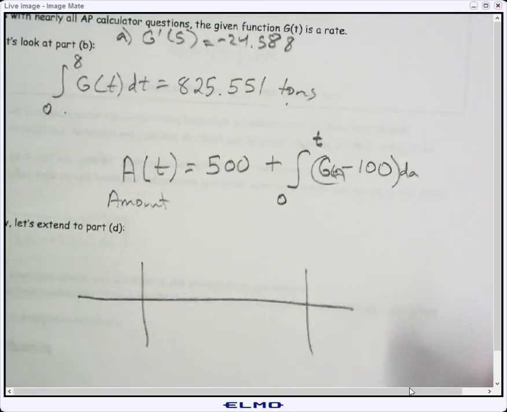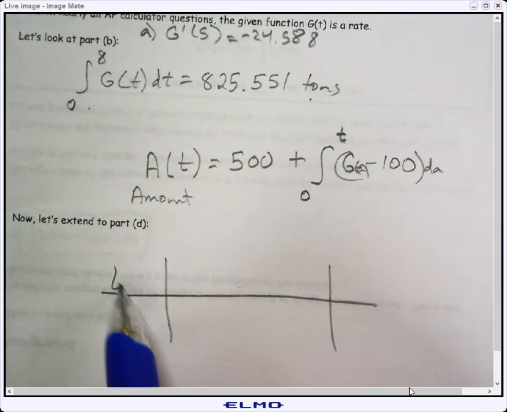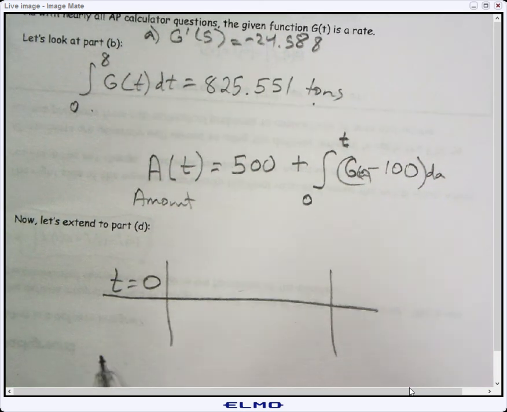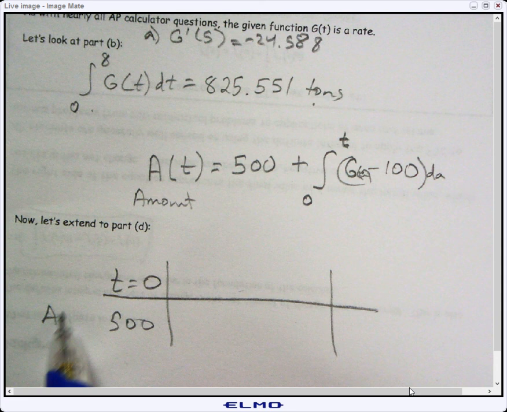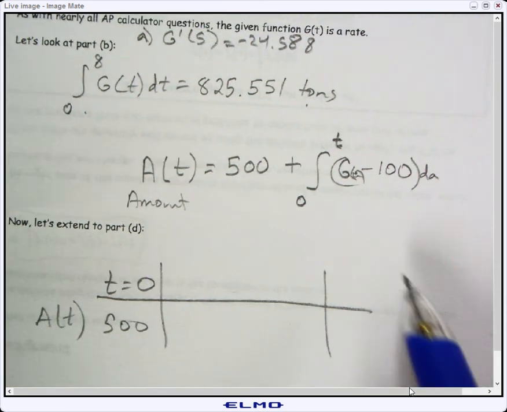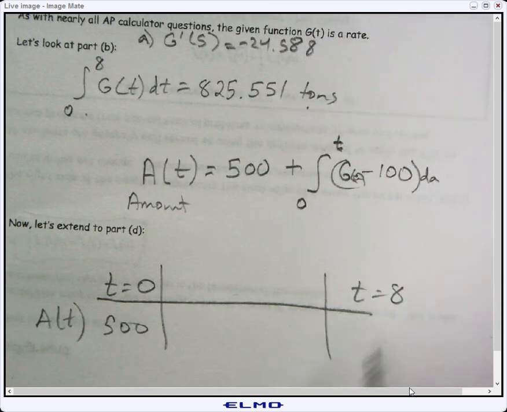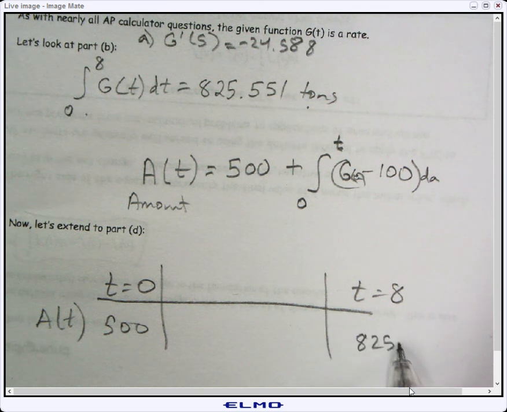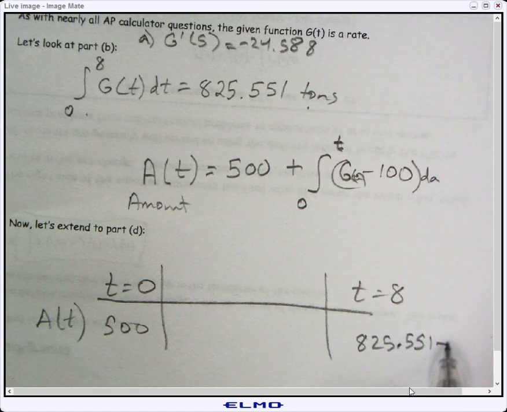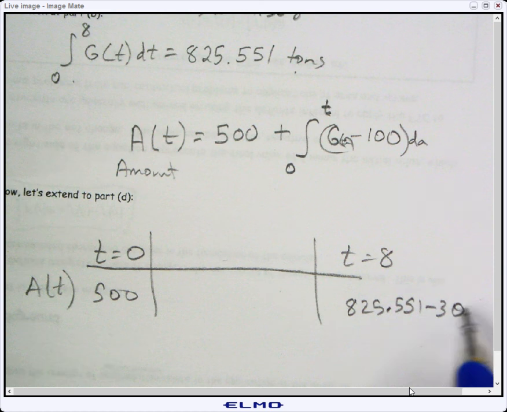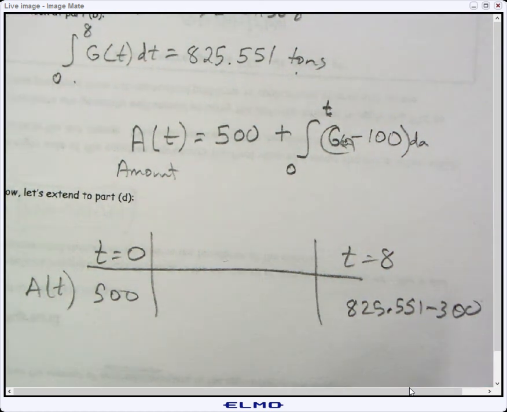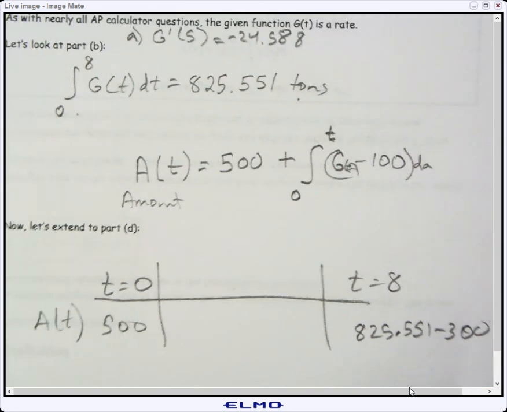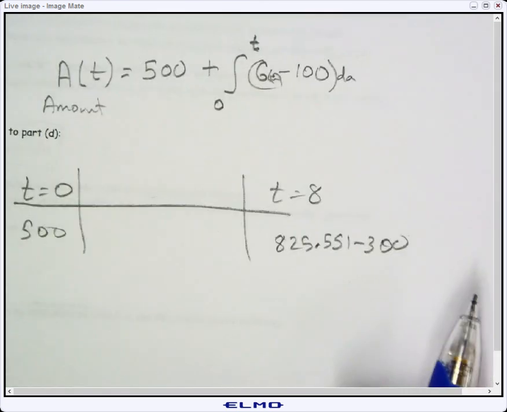We know at the endpoints, at t equals 0, we had 500 at the plant, and we know at t equals 8, we had our 825.51 minus the 300 that was processed.